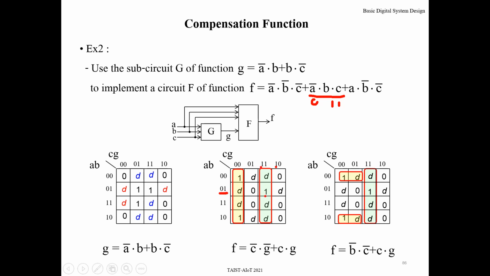Here and here, but here is don't care. And the last one, 1, 0, 0. This and this. But this one is don't care, and this is don't care here also.